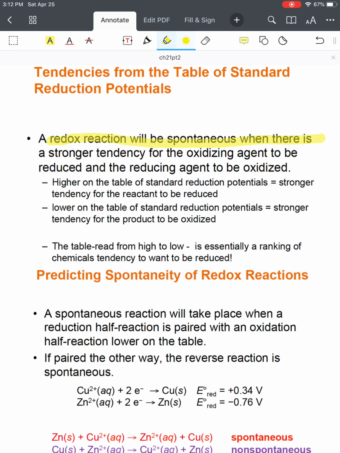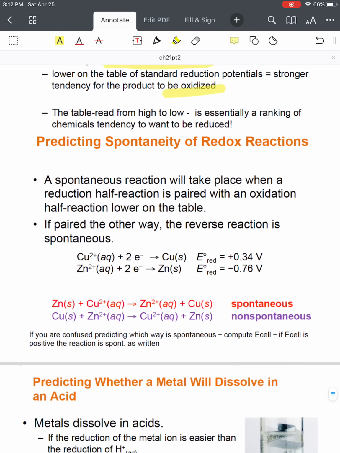It's not a big surprise. I mean, we've been studying chemistry all year, and we kind of have a feel for how that works. So higher on the table of standard reduction potentials means a stronger tendency for that stuff, that reactant, to be reduced. And the lower you get is a stronger tendency for that stuff to be oxidized. And I kind of alluded to that when we introduced this table here a few minutes back, okay?